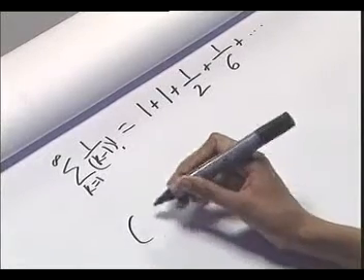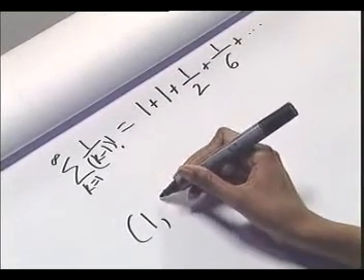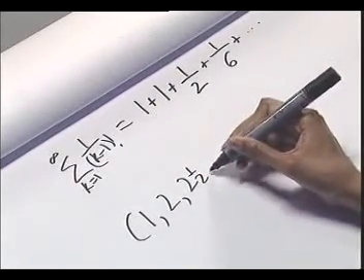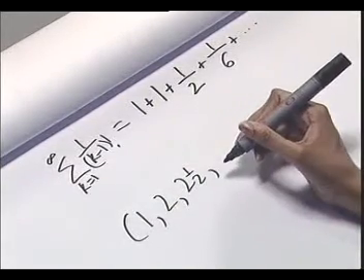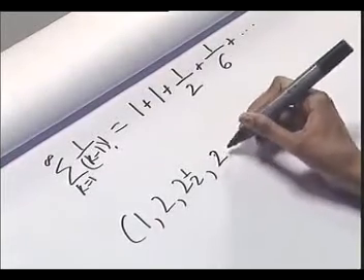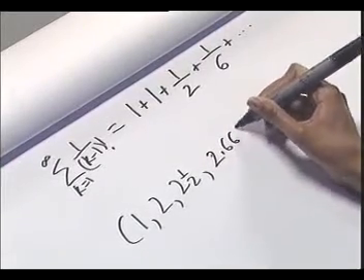You can use your calculator to work out the nth partial sums of this. I've done this already, and the nth partial sums turn out to be, well, the first one obviously is 1, then 2, then 2.5, and then you start needing to use your calculator. So the next one is 2.6 recurring, so I'll put this down to a few decimal places.